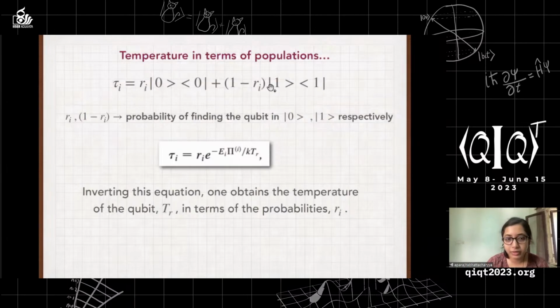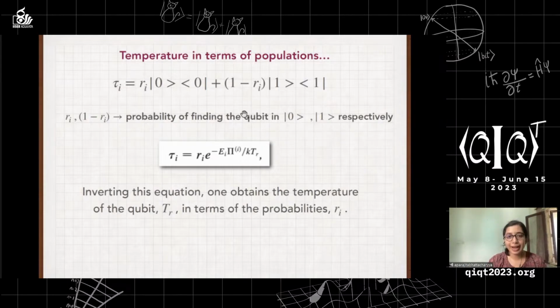This is the thermal state of the ith qubit, which can be written as Ri|0⟩⟨0| plus (1 minus Ri)|1⟩⟨1|. If we write this τi in terms of the thermal states, then we can get this Ri as a function of the Ei's, where Ri and 1 minus Ri are the probability of finding the qubit in 0 and 1 respectively.